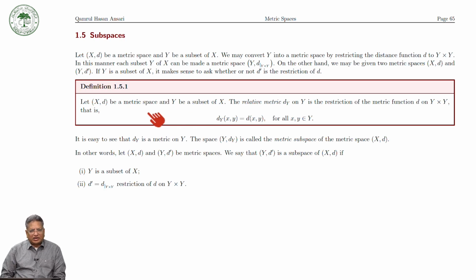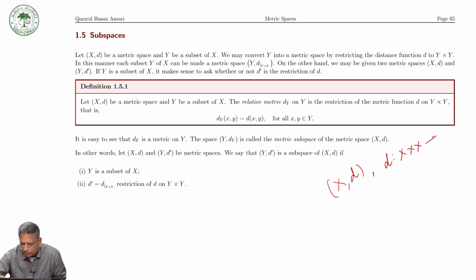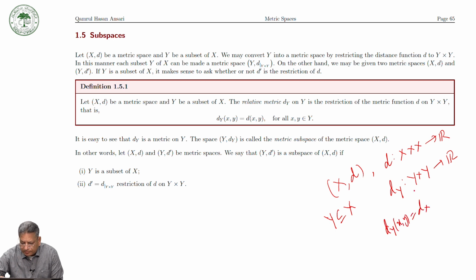So the subspace means that suppose you have a metric space (X, d), where d is a function mapping from X cross X to R. Now, Y is a subset of X, and d_Y is the restriction of d, that is to say d_Y(x, y) is equal to d(x, y) for all x, y in Y.